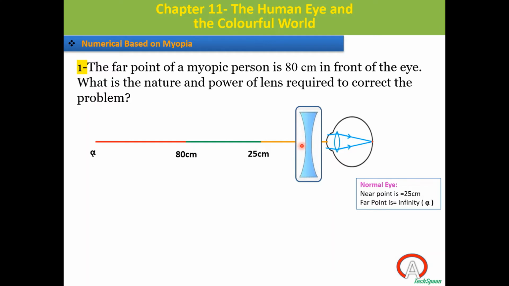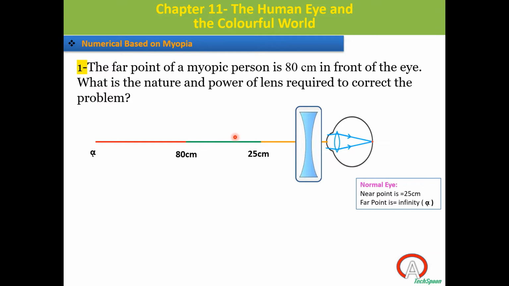This concave lens. So the object is at what position? At infinity. Okay, the object is at infinity. If I am keeping a concave lens here, it can produce an image. A concave lens always produces the image on the same side.